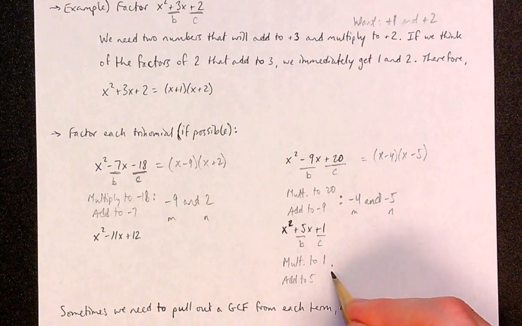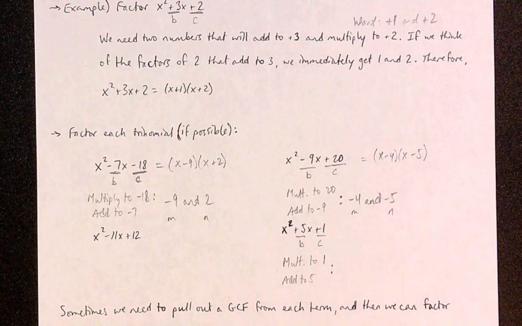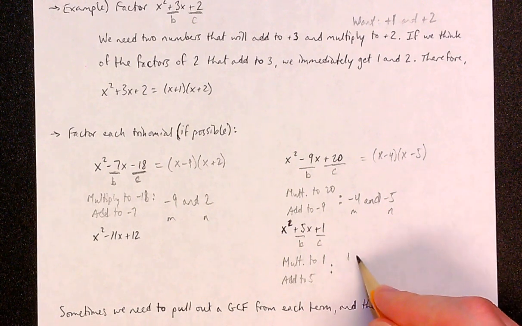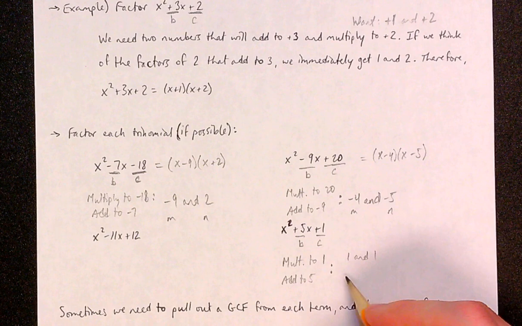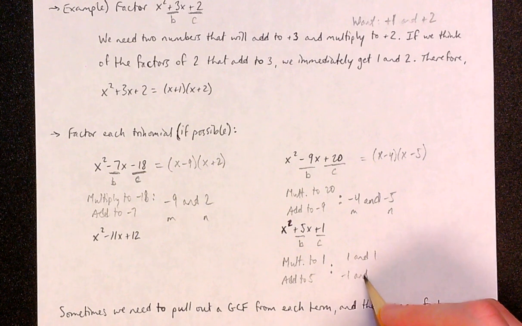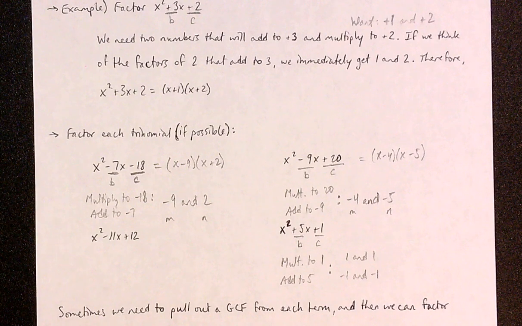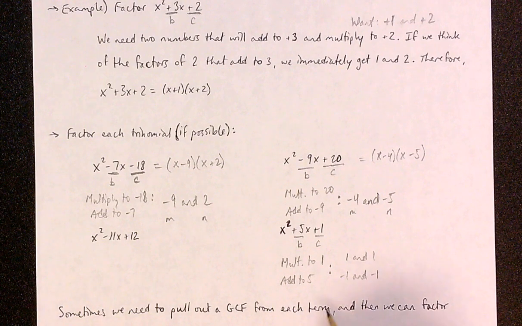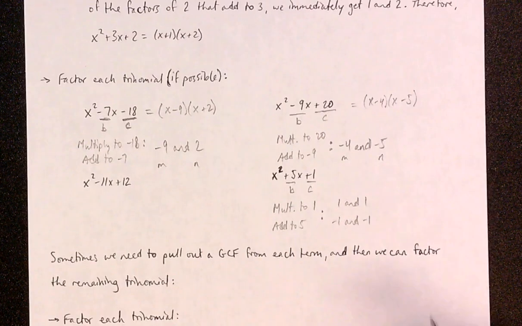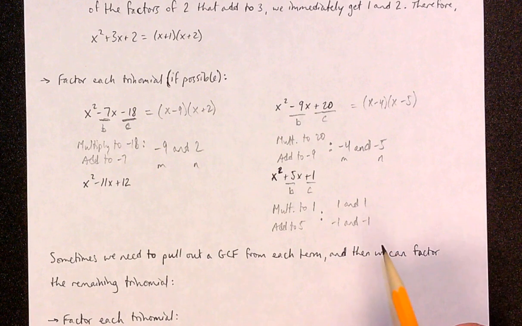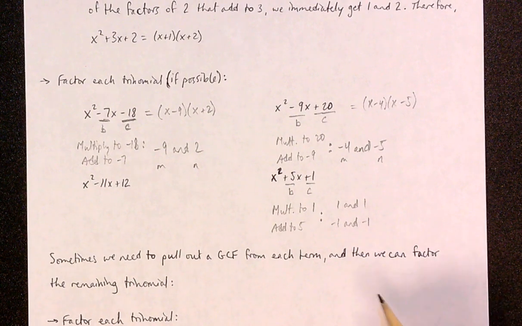Well, there's only two ways that we can choose numbers to multiply out to positive 1. There's either 1 and 1, or there's negative 1 and negative 1. But the problem is, in either of these cases, if you add up those numbers, you don't get 5. 1 and 1 is 2, negative 1 plus negative 1 is negative 2.